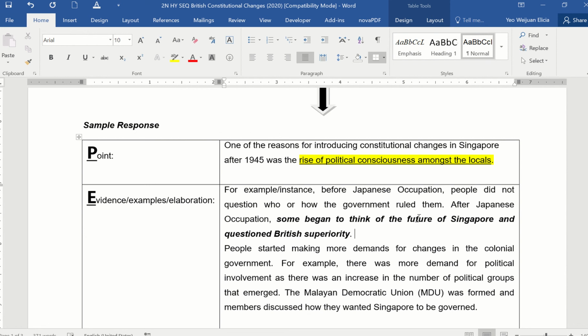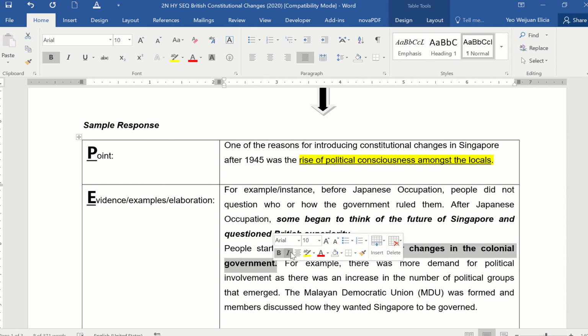Now this can be done when I bring in the point which tells me people started making more demands for changes in the colonial government. So the idea of making more demands on the government. So what are examples of this demand?